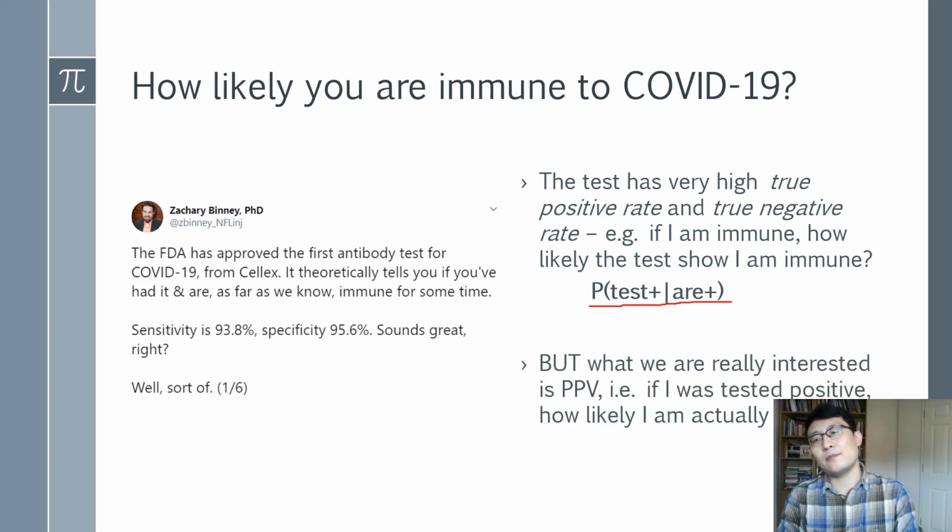But we are not really interested in this. What we are really interested in is the PPV, the positive predictive value. In other words, if I was tested positive, how likely am I actually immune?